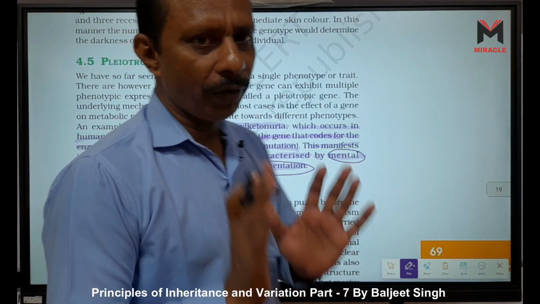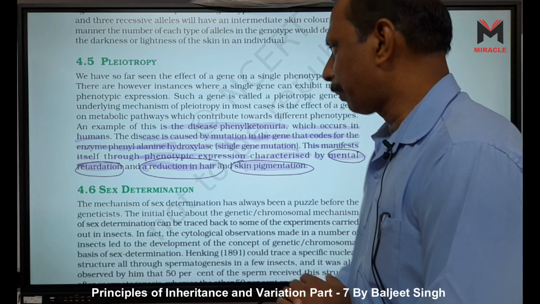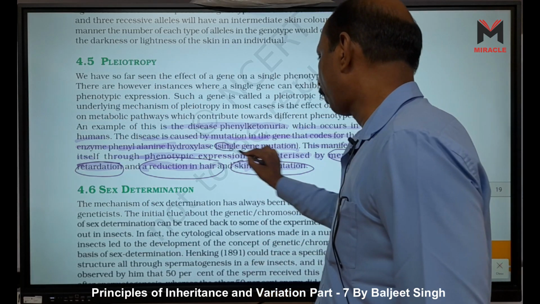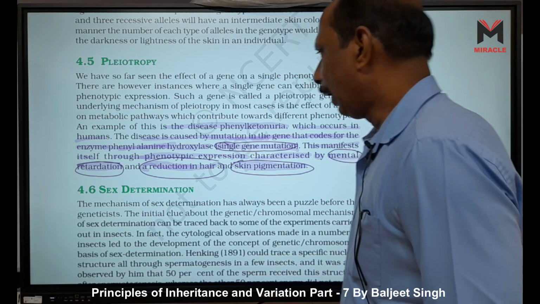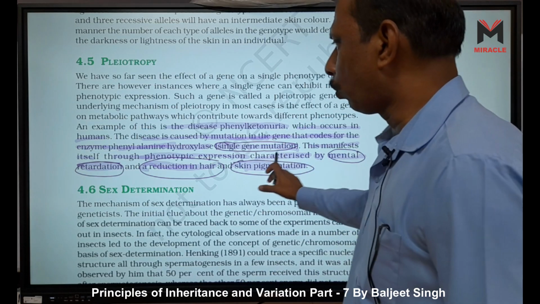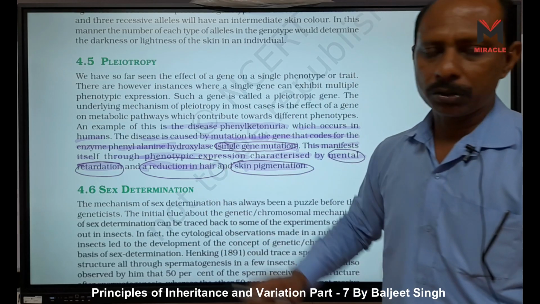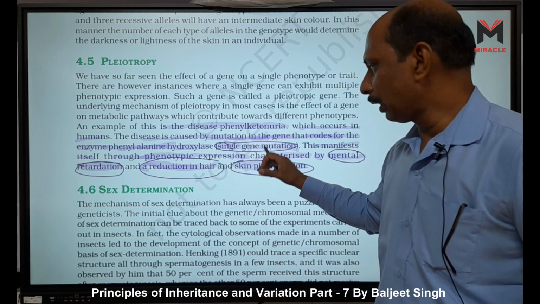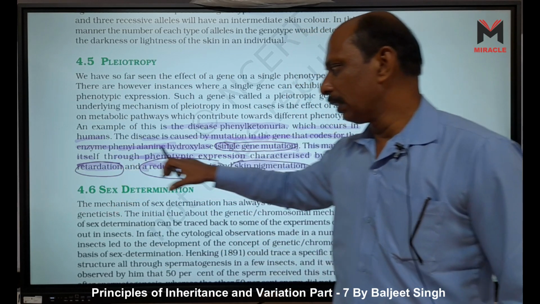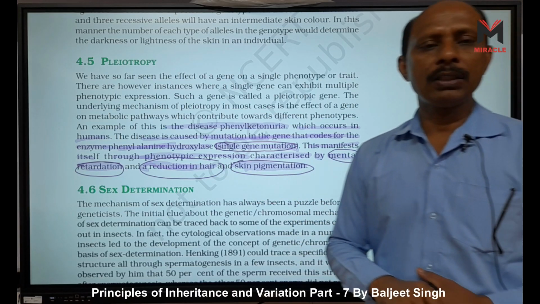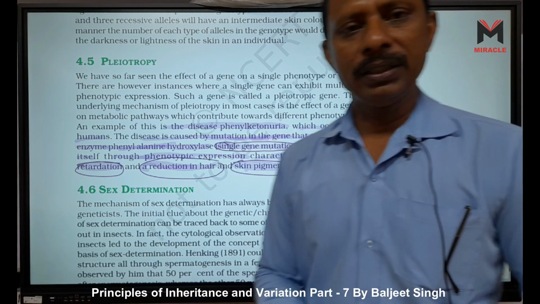Because 3 different phenotypes are expressed by a single gene mutation, which codes for the enzyme phenylalanine hydroxylase, that's why it is called a pleiotropic gene.